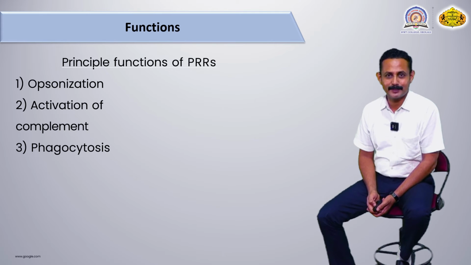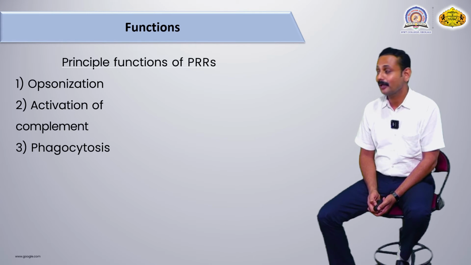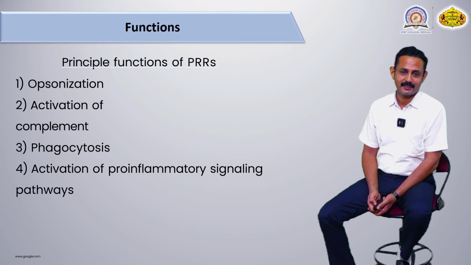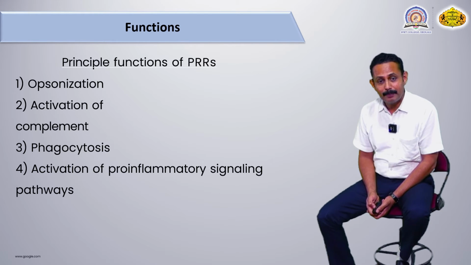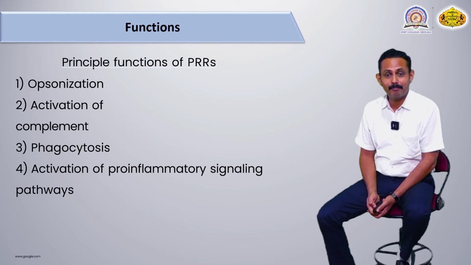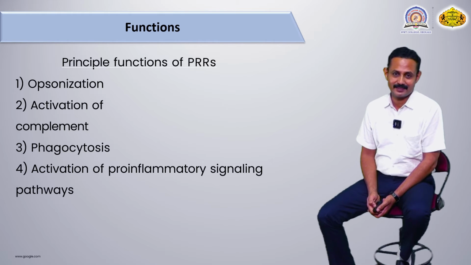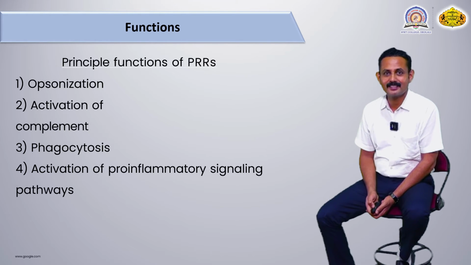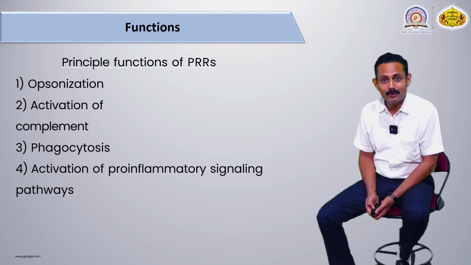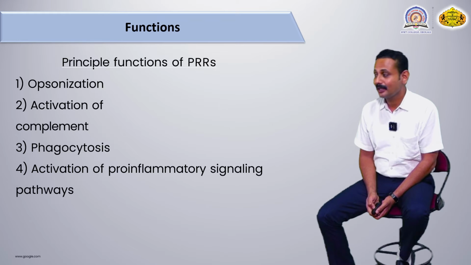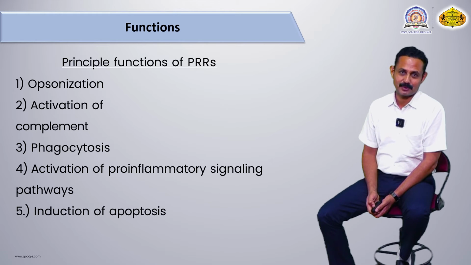Then they also help in the activation of pro-inflammatory signaling pathways. In inflammation, different pathways are involved, and to stimulate inflammation, these PRRs act as stimulators by giving the molecular signal to initiate the inflammation process.